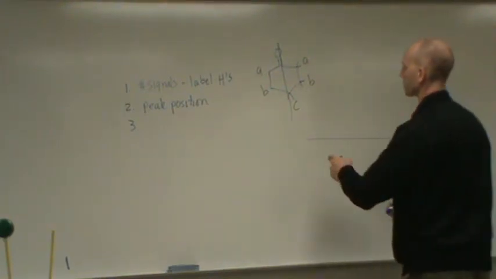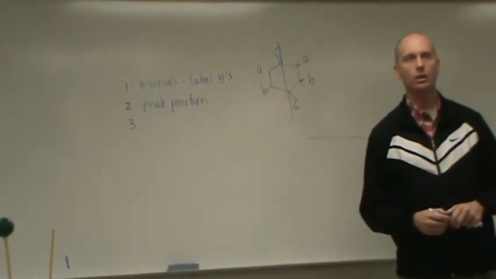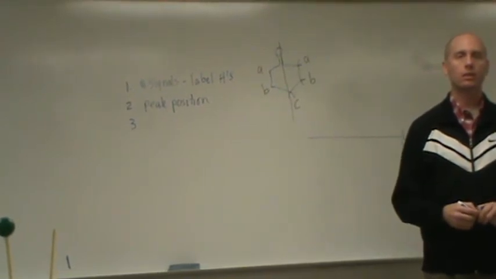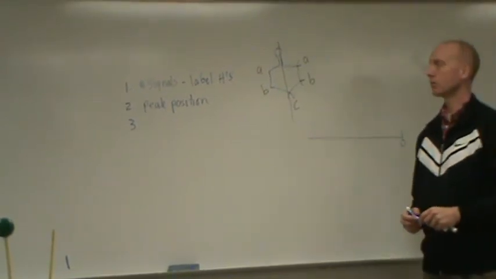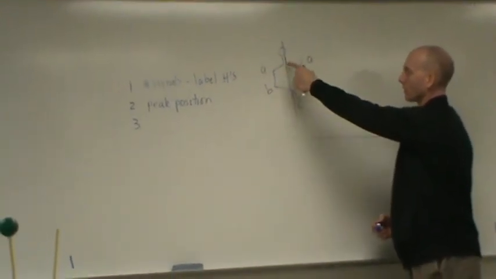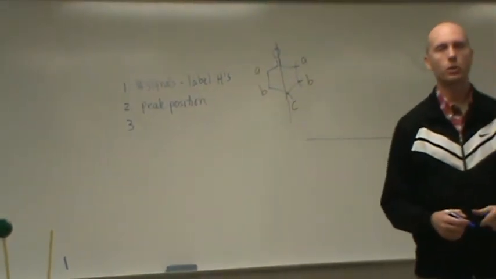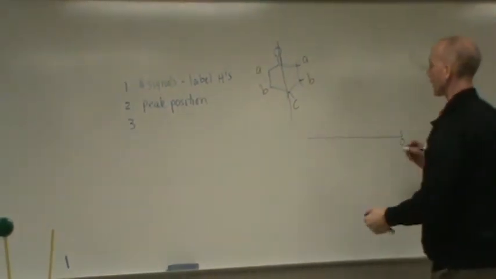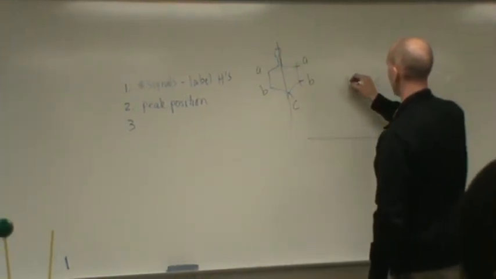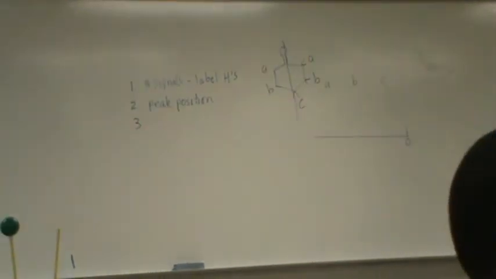Because O will be considered the deshielder. Furthest away from the deshielder, so it'd be most upfield. So C, then what? B, and then what? A. So there's my peak positions.